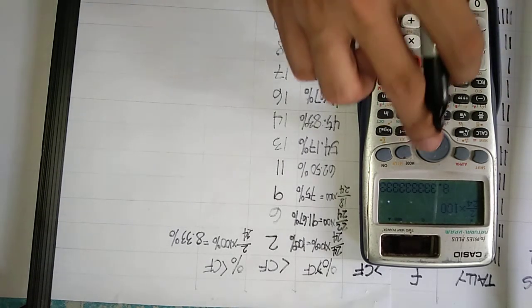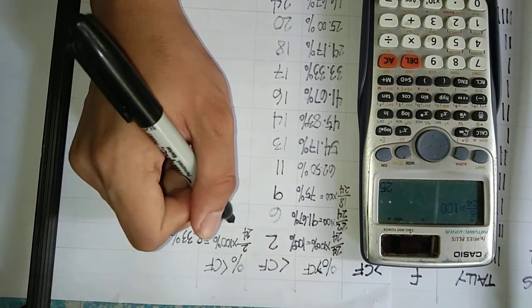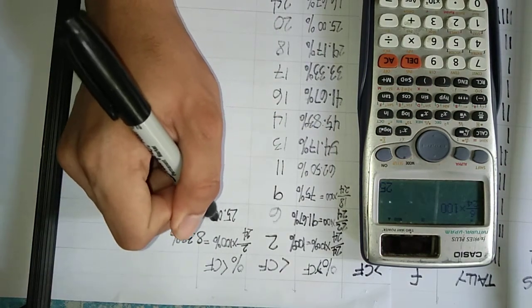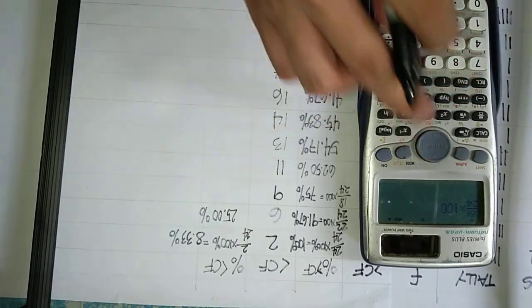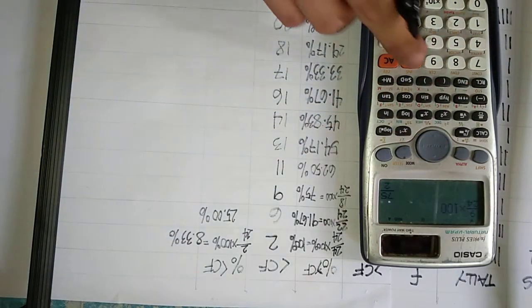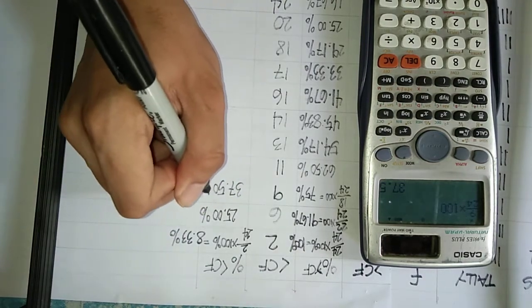So, we have, for our 6, we have 6 divide 24 times 100, we have 25%. For the 9, we have 9 divide 24 times 100%, we have 37.50%.